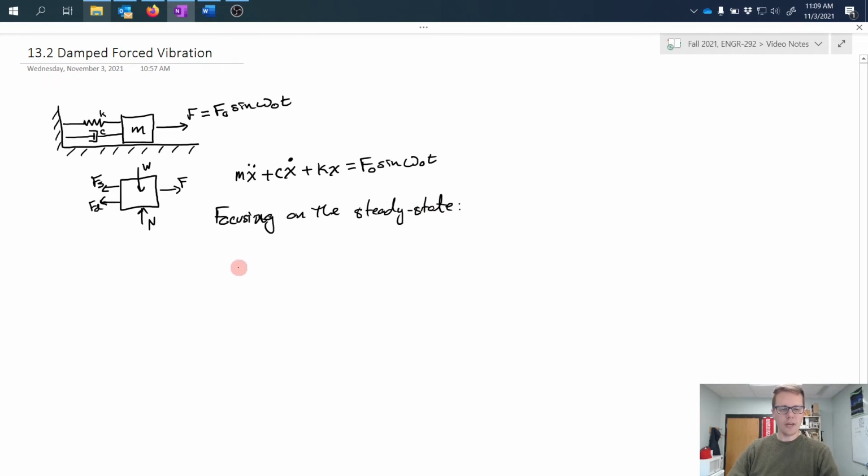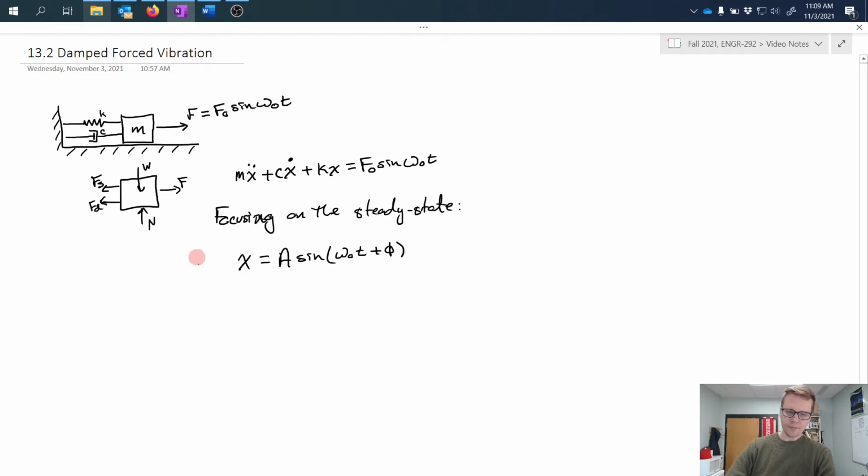And as a result, we get a solution for x that looks something like this. And we have two constants in here: A, which is just a constant giving us an amplitude, and phi, which is basically a phase lag. So it's how much the response in the position of the mass is going to lag behind the forced input.